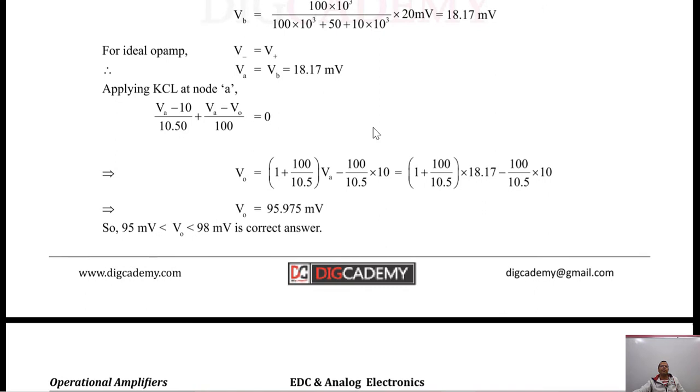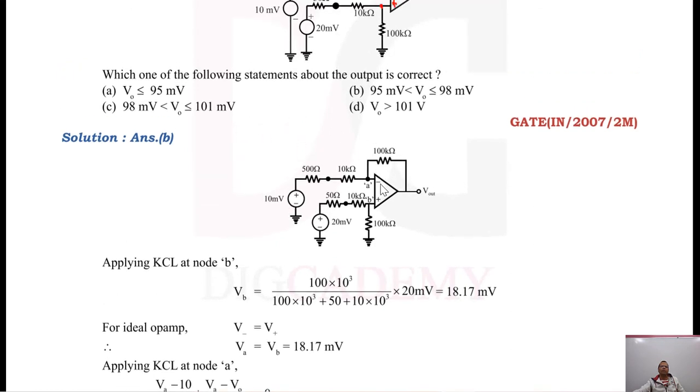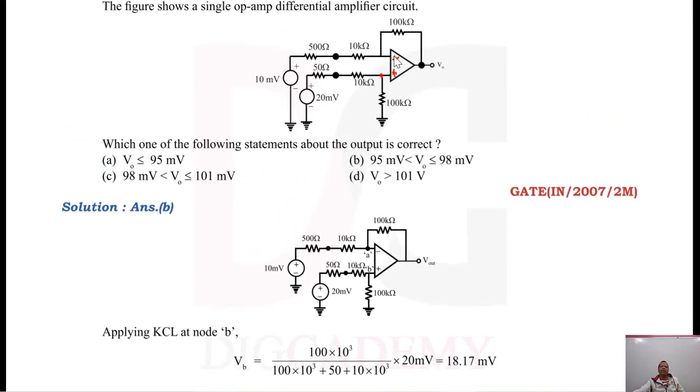Fine. So now you can see here in this case, when you find the output voltage with this correction in the circuit, this is one correction I have made in the circuit, assuming that feedback is at the negative terminal. So rather than going into the original question, this is there. But of course, you can go to the original question as well.